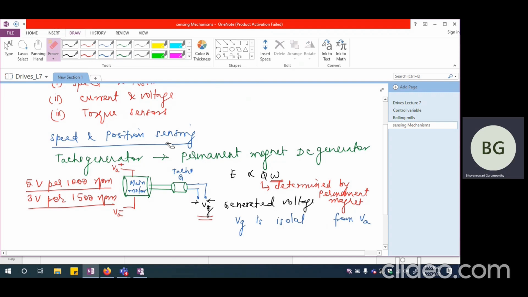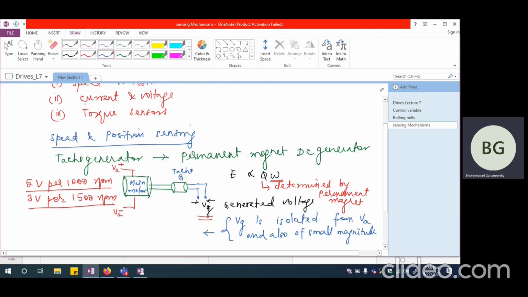Whatever voltage we are getting here is isolated and also of a small value. It is going to be of very small magnitude. So mostly I should be able to send it to an electronic circuit without any difficulty, because electronic circuits will be able to handle only a few volts. So I would be able to send this directly to an electronic circuit, which would be able to diagnose the speed at which the system is rotating.